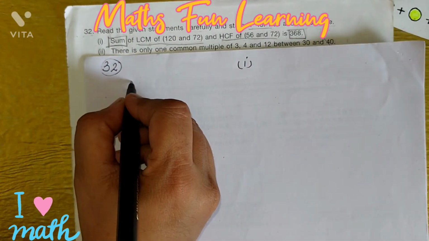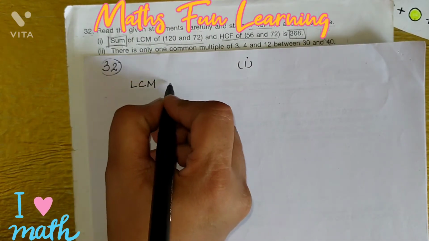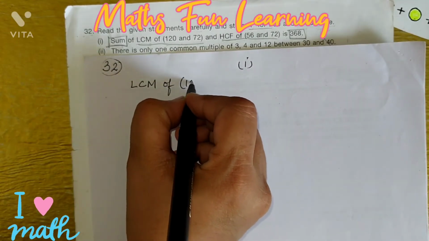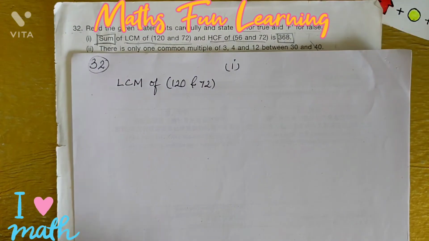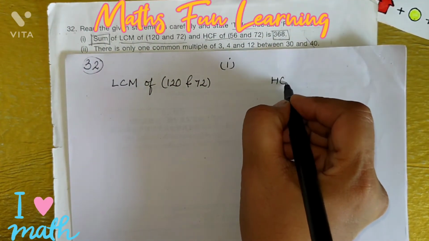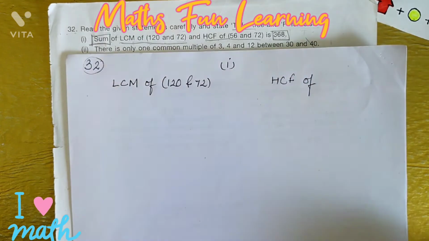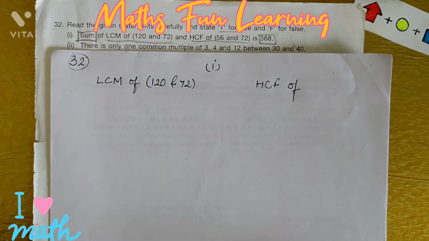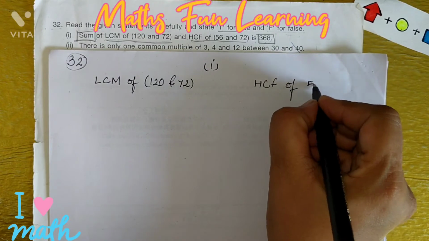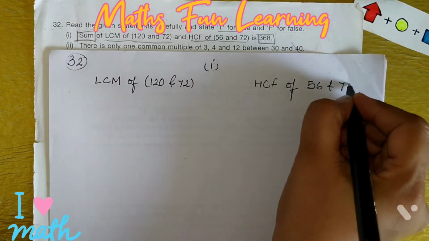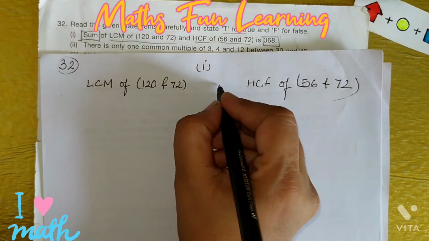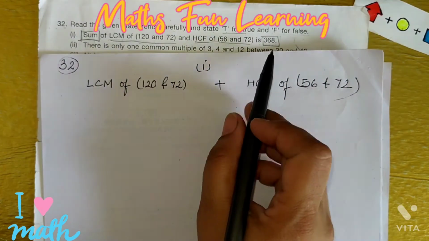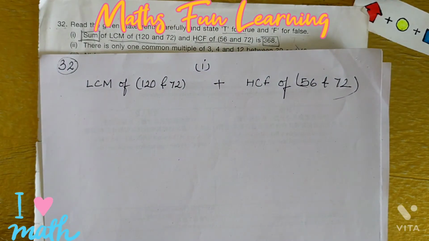You have to find out the LCM of 120 and 72, and SCF of 56 and 72, and you have to add these two. If you get 368, that means it is correct.